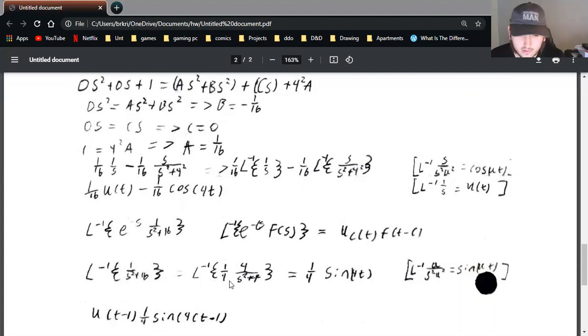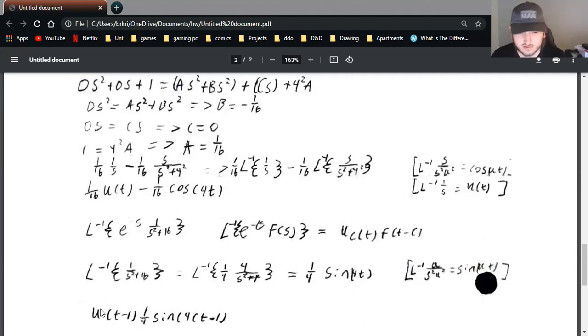So we can pull out the 1/4, and it's just the inverse of 4/s squared plus 4 squared. That's on our table: the inverse of a/s squared plus a squared is sine of at. So plugging in a being 4, we get 1/4 sine of 4t. Now we can't just put that in, because it's f of t minus c, with c being 1, so we have to modify it.